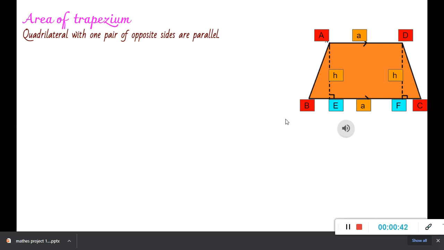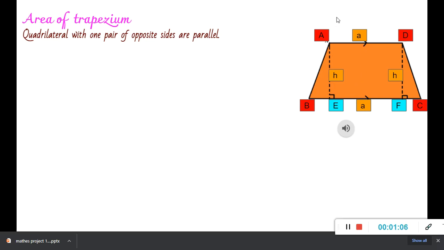Here you can see a trapezium named A, B, C and D. First we draw perpendicular lines from A to E and D to F. And give the name A to EF and also to AD, because both are equal parallel sides.